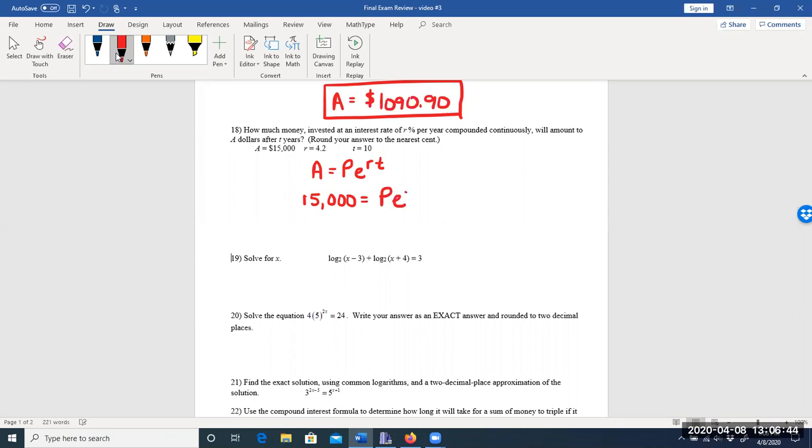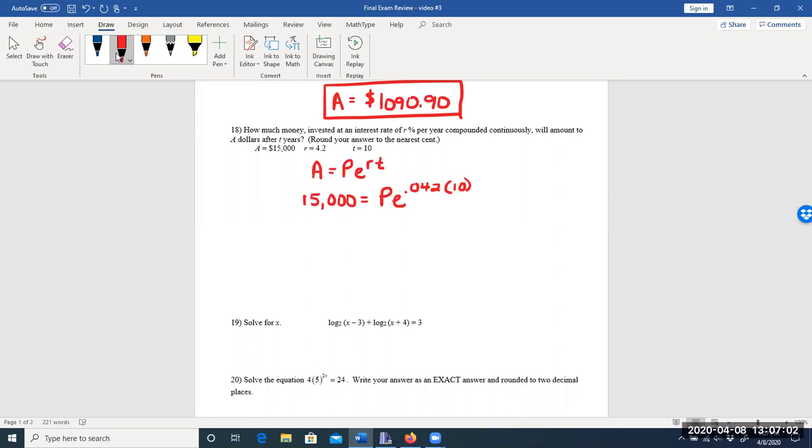The interest rate is 4.2, but that's as a percentage, and so I want to enter it in as 0.042. And then T is 10.